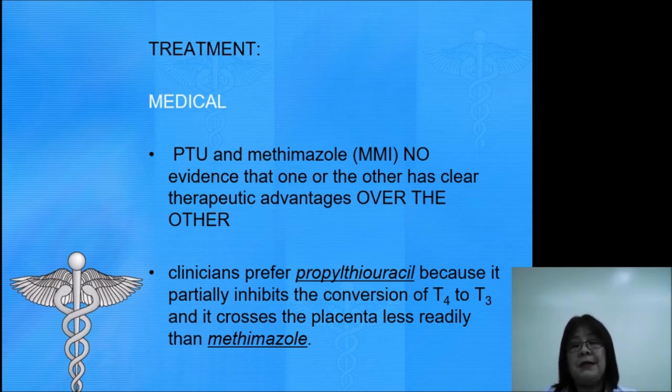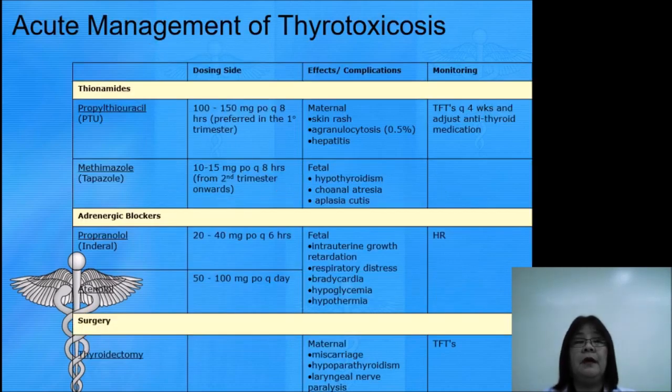Now, when your patient already has controlled thyroid hormones and is beyond the first trimester of pregnancy, you can shift from propylthiouracil to methimazole.